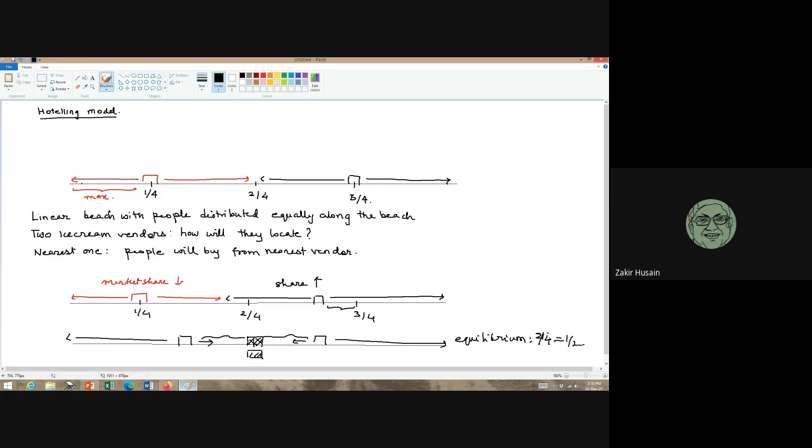But what is the problem with this? People need to walk more. These people have to walk even more. So it is not socially optimal.